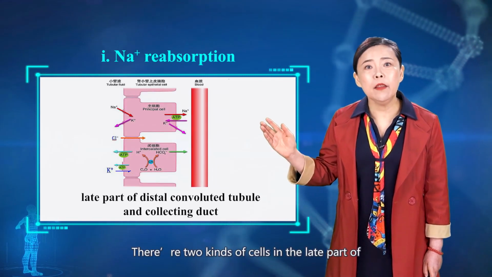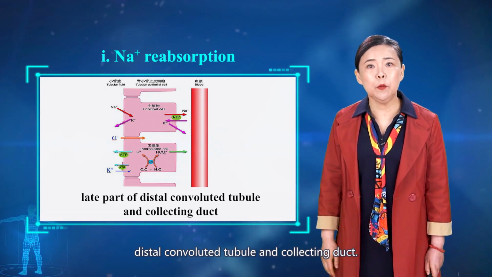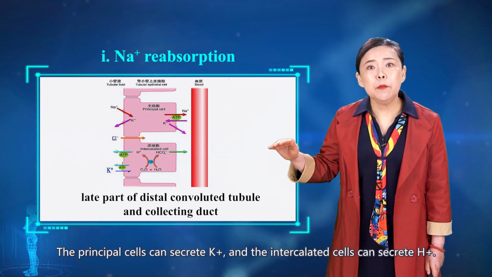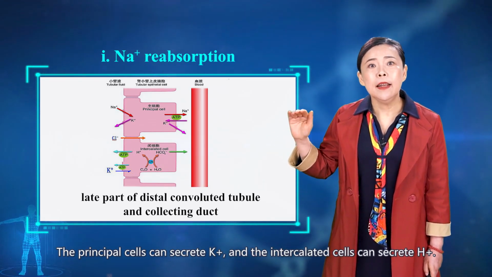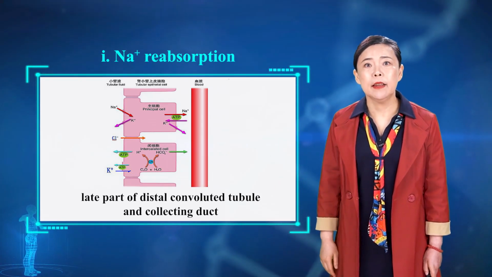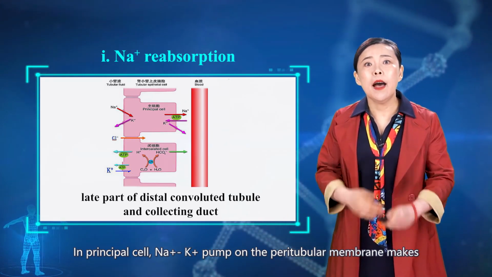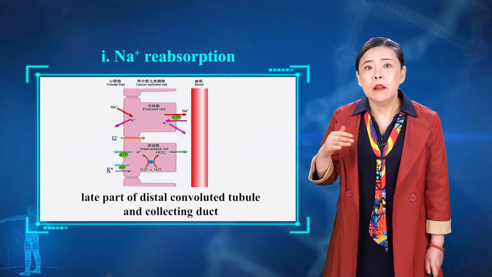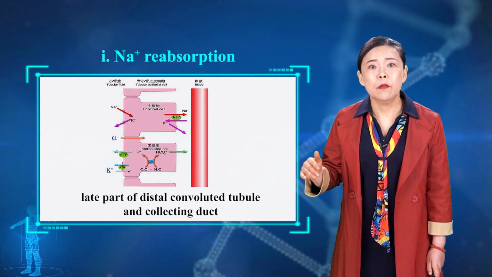There are two kinds of cells in the late part of the distal convoluted tubule and the collecting ducts. The principal cells can secrete potassium, and the intercalated cells can secrete hydrogen. In principal cells, the sodium-potassium pump on the peritubular membrane works to make a low sodium concentration in the cell.